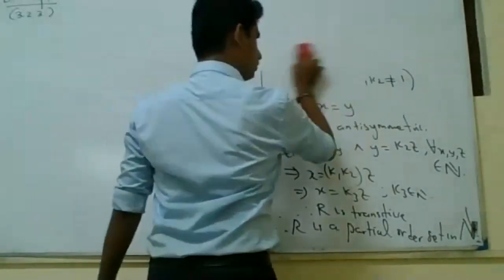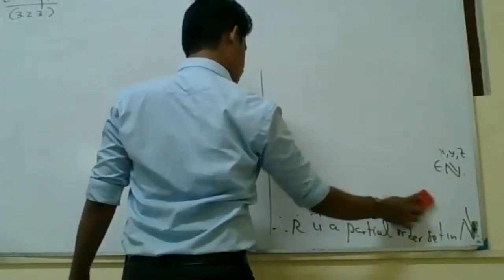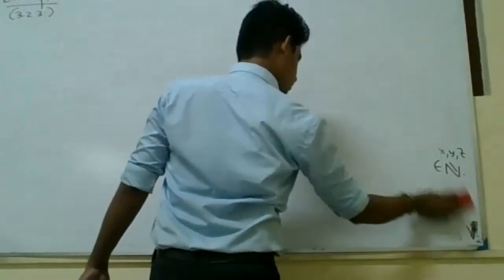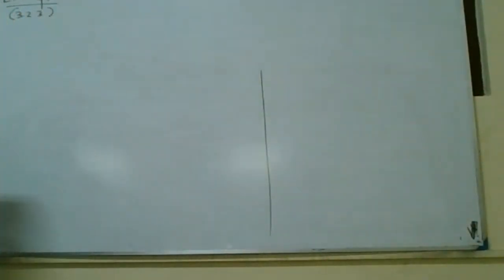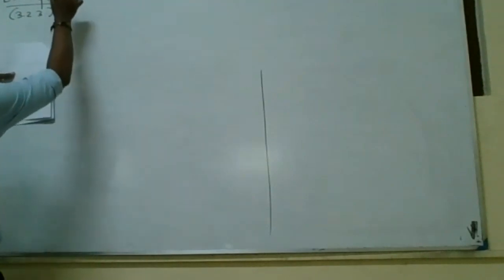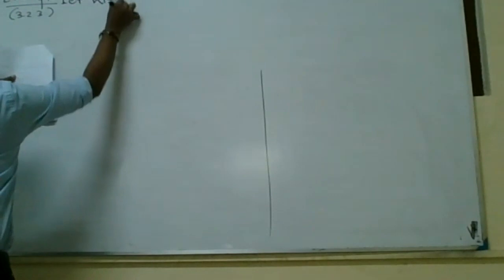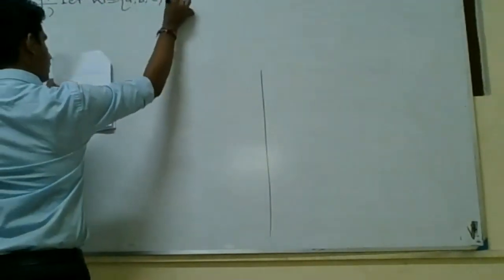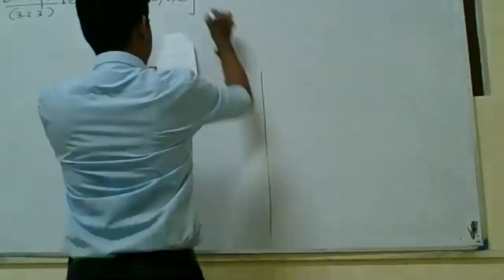Next example. Given this set W equal to {A, B, C, D, E}.